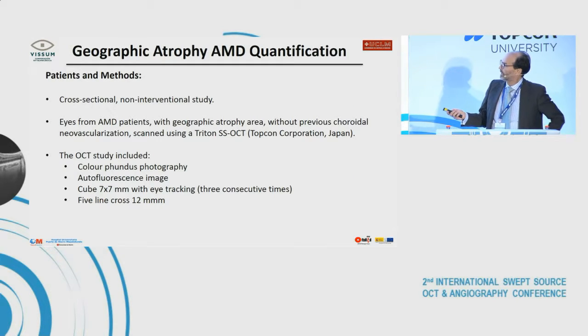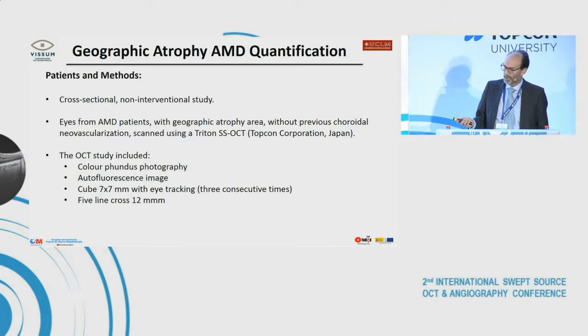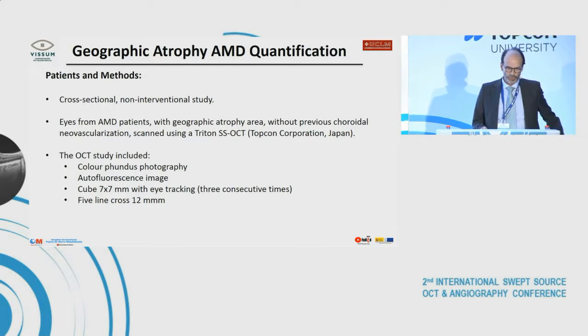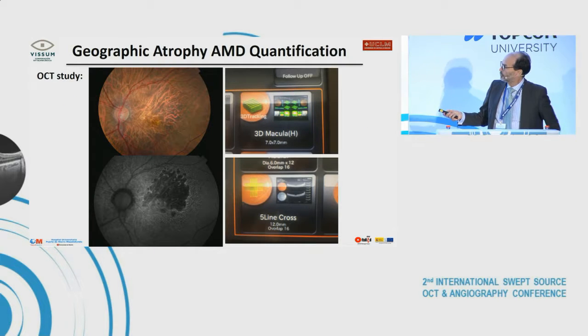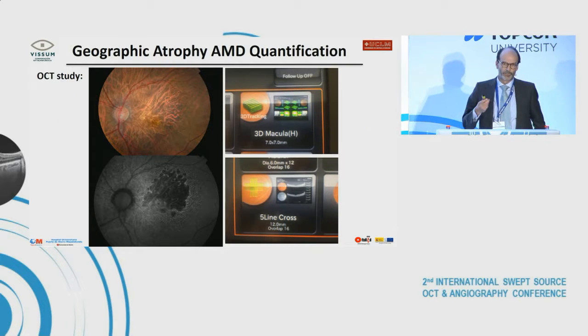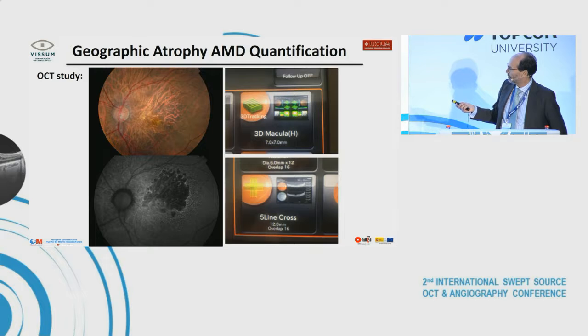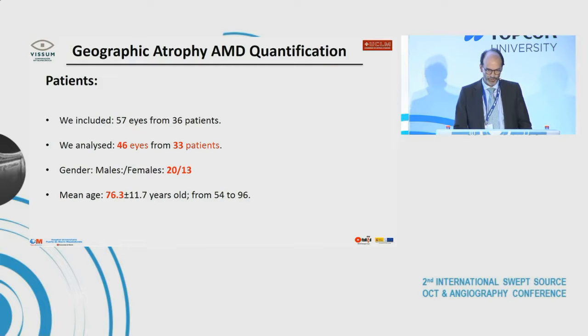We performed a cross-sectional, non-interventional study with eyes from AMD patients with geographic atrophy without previous CNV, scanned using Topcon Swept-Source OCT. The study included fundus color photography and autofluorescence images, and with OCT we performed macular cubes of 7 by 7 and 5 line crosses to have more detail of the transition zone.